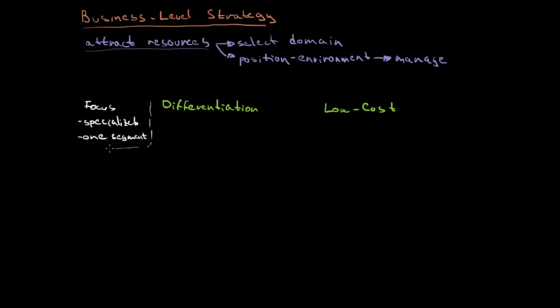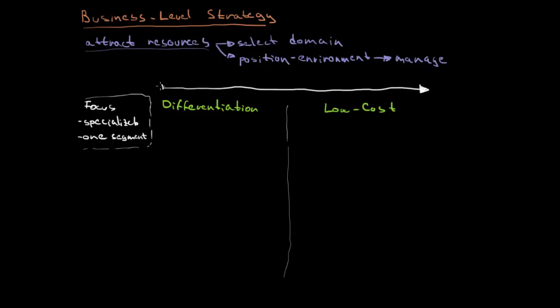But let's now talk about the more important ones, and that's the differentiation and low cost. If you would imagine some structures for these two points, we can really draw it. And now, as we will talk about these two different strategies, we can really add the actual structures about which we have talked in the previous videos.